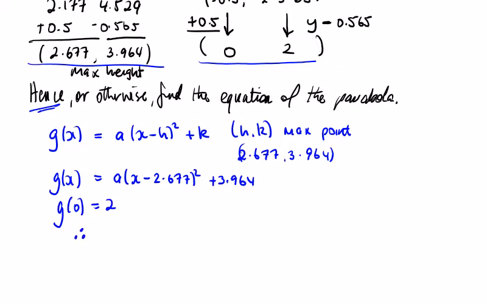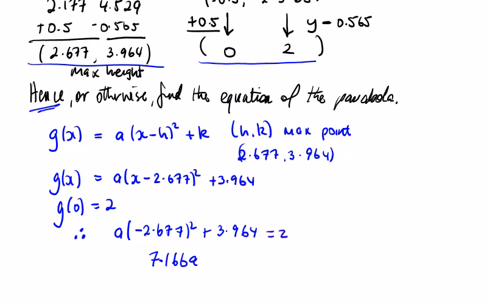Therefore, if we put 0 in for x, we're going to get A by just minus 2.677 to be squared plus 3.964. So that's going to give me 7.166A. This is going to be equal to 2.